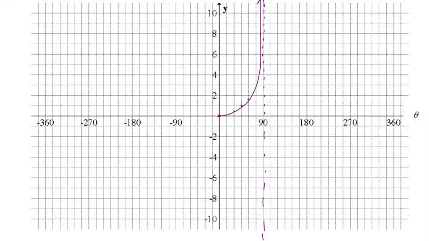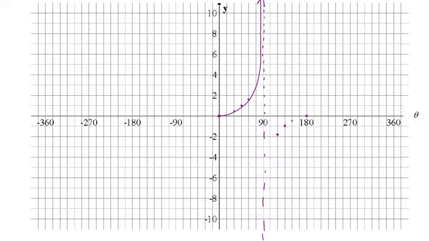So, what was 120? Negative 1.7. Negative 1.78. What's 135? Negative 1. What's after that? 150. Negative 0.58. What's 180? 0.